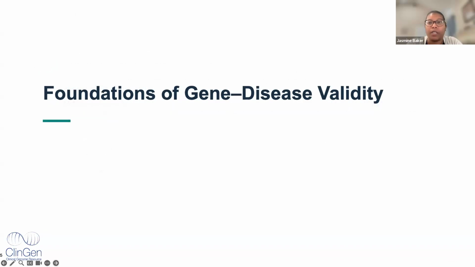So this first section is going to establish the foundation for the rest of the talk. The key idea is that validity doesn't belong to a gene in isolation. It belongs to a precisely defined gene disease assertion. And once that assertion is clear, the evidence can be evaluated consistently.